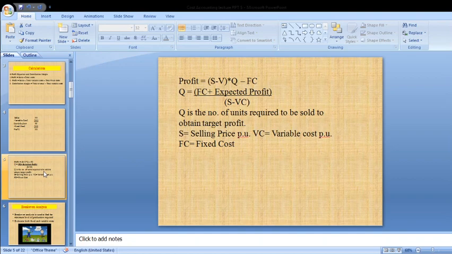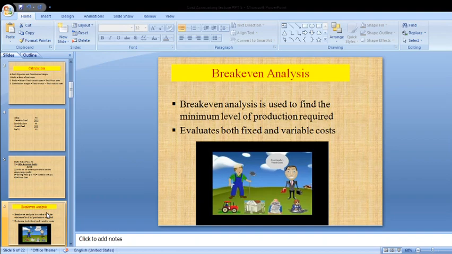Fixed cost is in total. There is no sense in having fixed cost on a unit basis. It is a total fixed cost to be recovered from a certain number of units. So we divide it by contribution per unit, so that we know how many units you need to sell to recover that much fixed cost, which is nothing but the break-even point.